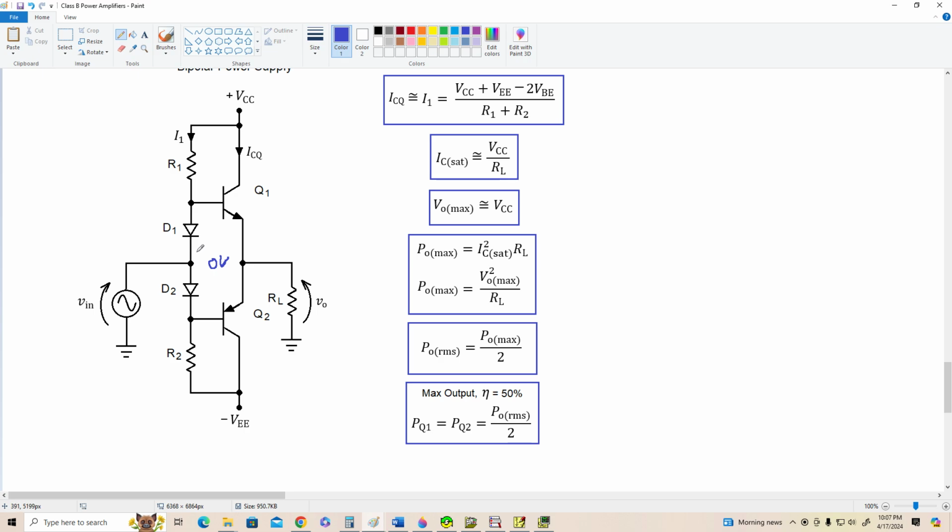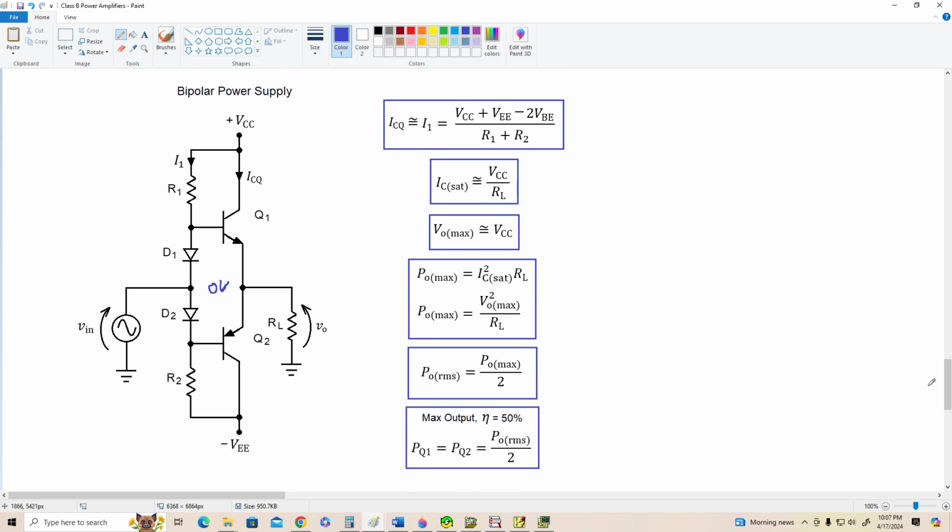Now all the equations that applied previously apply to this one with some slight modifications. ICQ is VCC plus VEE minus 2 barrier potentials divided by R1 plus R2. That should make sense, a pretty straightforward modification.